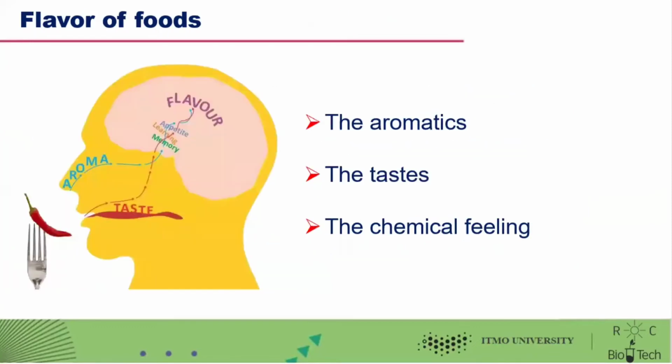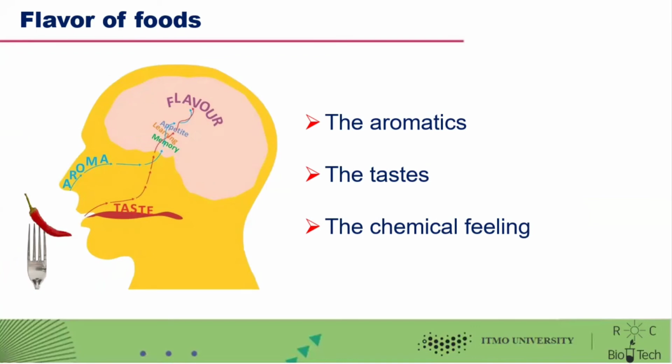The fourth one is flavor. Flavor, comprising aromatics, chemical feelings, and basic tastes, is defined as the sum of perceptions resulting from stimulation of the sense ends that are grouped together at the entrance of the alimentary and the respiratory tracts.